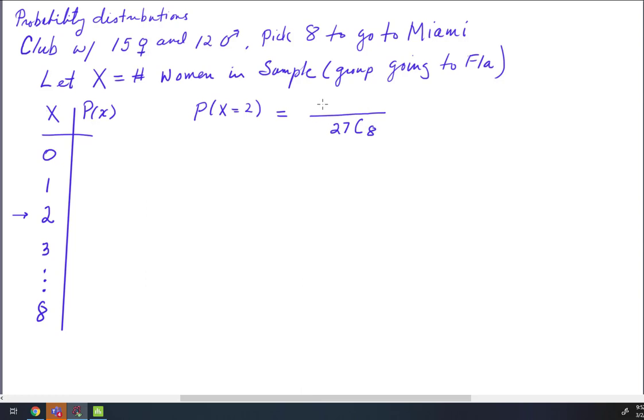Now, how would x be equal to 2? Well, from the set of women, and there are 15 women, I would have to pick 2 people. And from the set of men, and there are 12 men, I would have to pick everybody else. If we're going to get 8, and I've got 2 women and everybody else is male, then that would have to be 6 males.